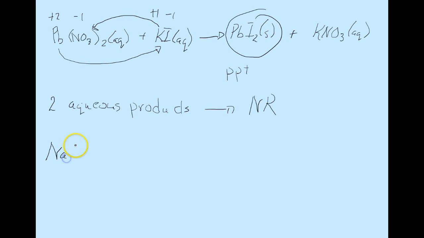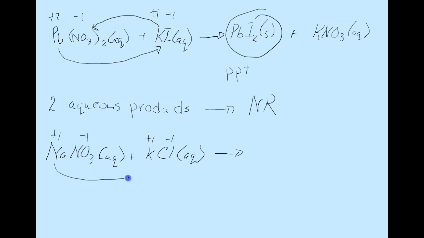Let's take a look at this. We have sodium nitrate. Both sodium and nitrate are in the initial note, so they're aqueous. We're going to react that with potassium chloride. Potassium is in the initial note, so it's aqueous. This is +1, -1, +1, -1. Ions are going to exchange places, so we're going to get sodium chloride.